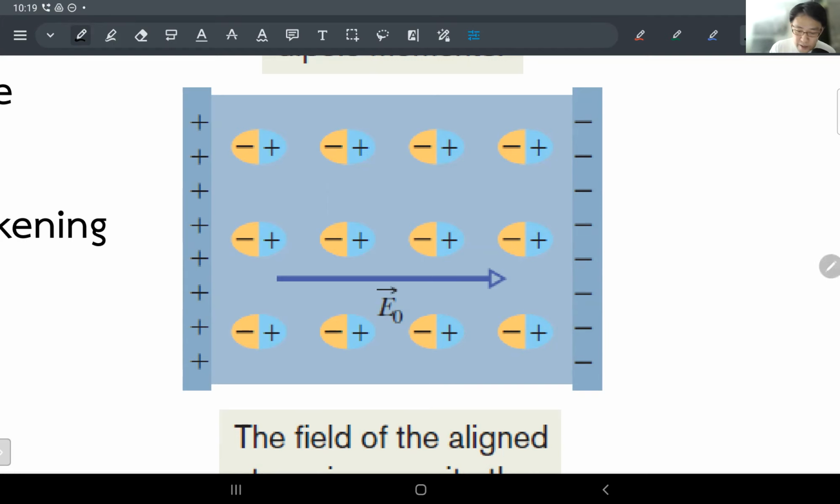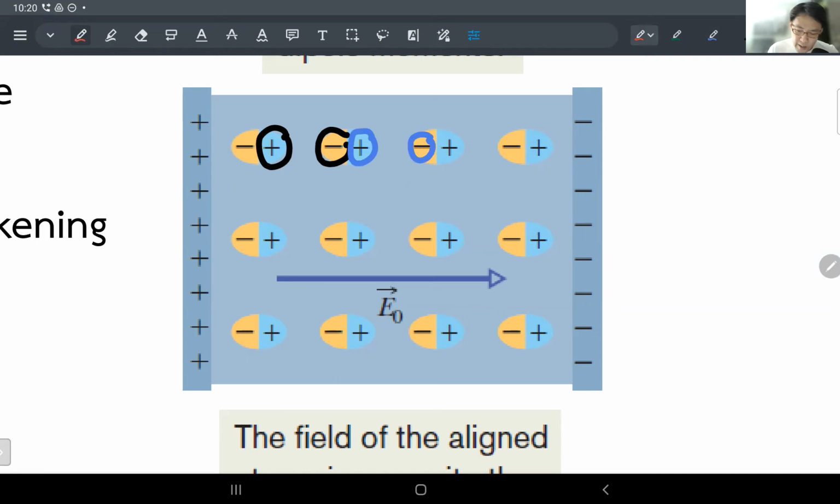So it turns out, if you look at the positive side of this molecule, it's going to be pretty close to the negative side of the neighboring molecules. Does that make sense? Okay. Same thing happens to the positive side of that one. It will be pretty close to the negative side of the neighboring molecules as well.